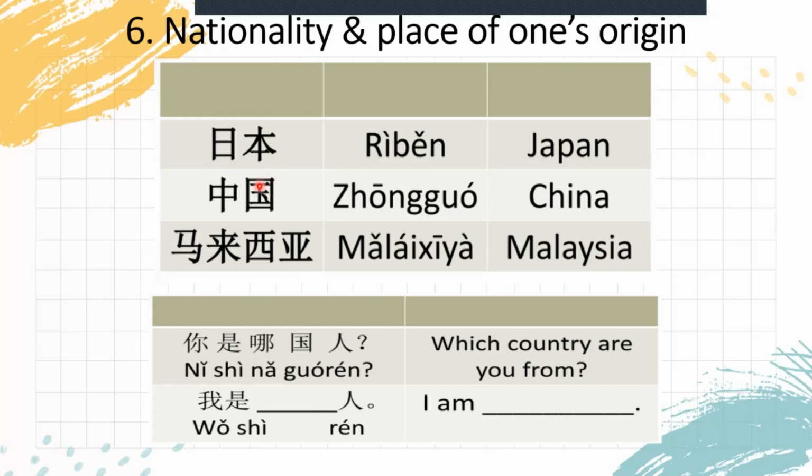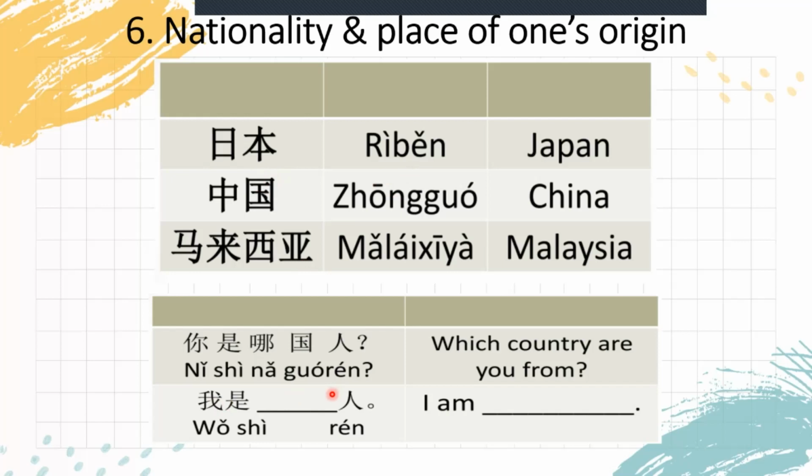Like 日本, Japan. Okay, people ask, 你是哪国人? 你是哪国人? Anybody can answer. Ryan, 你是哪国人? Is Ryan there? Or our Facebook friend. 你是哪国人? If teacher asks you. How to answer? Any answer? Can type there?